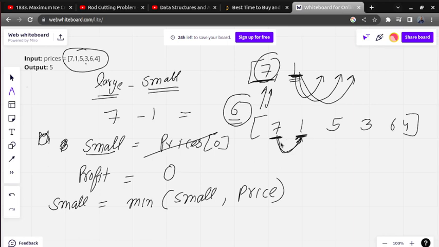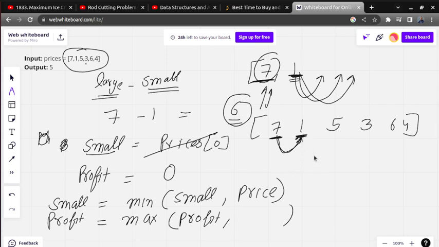One more thing we need to do is calculate the profit parallelly, and profit should be maximum. We want one more variable to compare the profit with. So how are we going to calculate the profit?